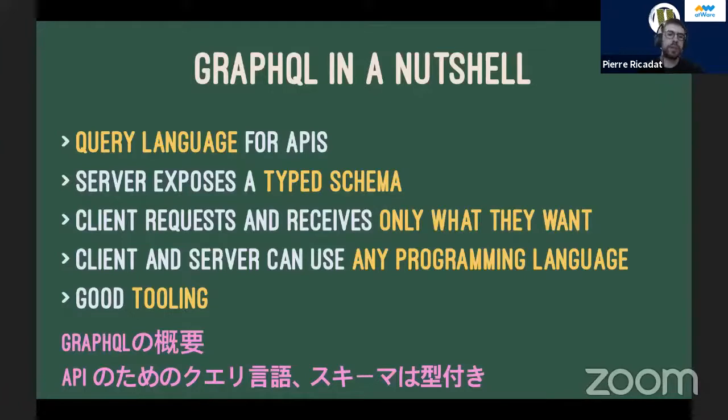You can auto-generate documentation very easily. And there are some tools like Altair and Insomnia, and I think even Postman supports GraphQL now, that show you everything that's available on the server and make it very easy to create queries.